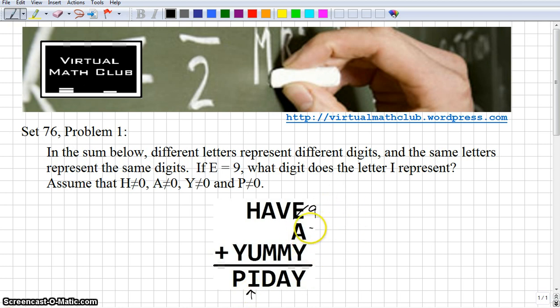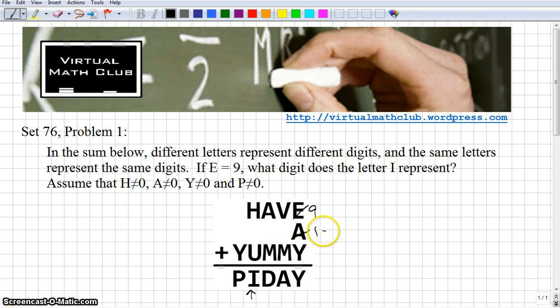Well, let's first of all take a look right at the units digit. We're adding E plus A and Y, and we're getting Y in the units digit. So what that tells us is that A has to be 1. There's nothing else it could be. E plus A can't be 0, so it's got to be 10, something ending in 0.